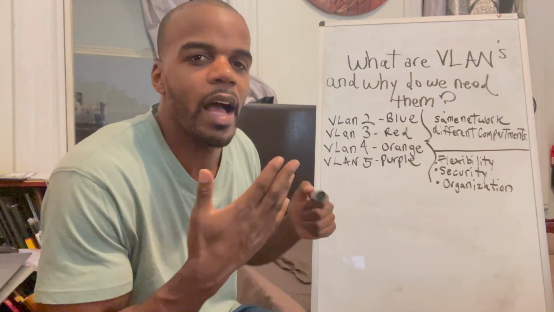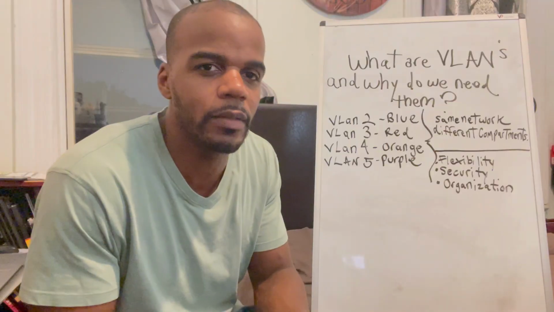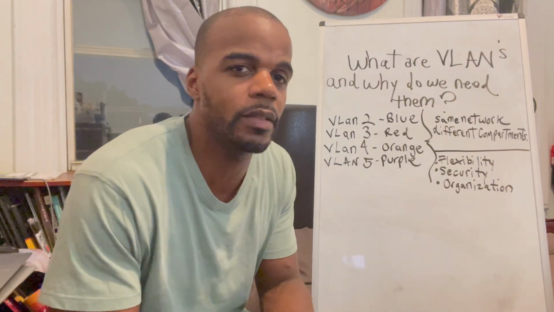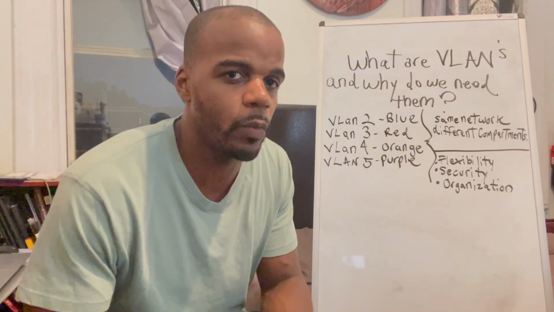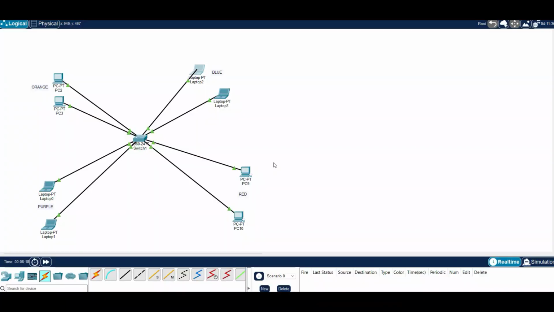So you might ask me, how do we configure VLANs? Good, I'm glad you asked, because I'm gonna show you guys how we configure VLANs on the live network. So remember, I created the orange, blue, red, and purple teams, right? So all I'm doing is creating each color according to separate VLANs.